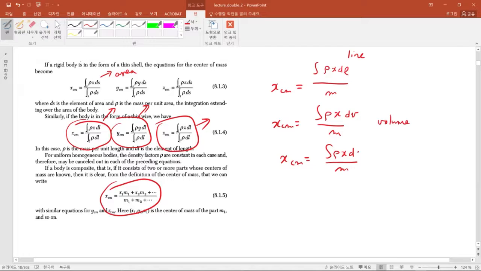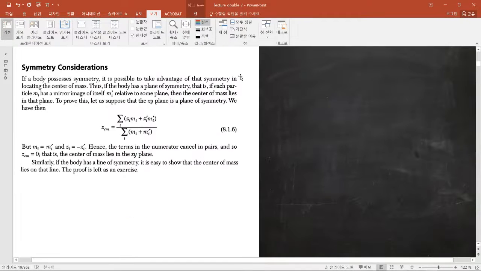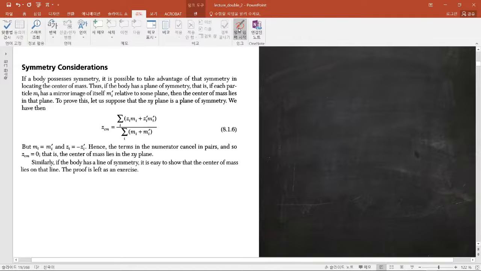Usually it's written as A, but here this S is the area. So we are going to calculate examples of center of mass, which is very important in rigid body analysis. So let's start.